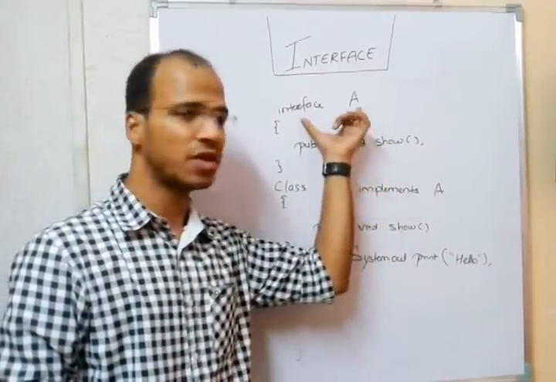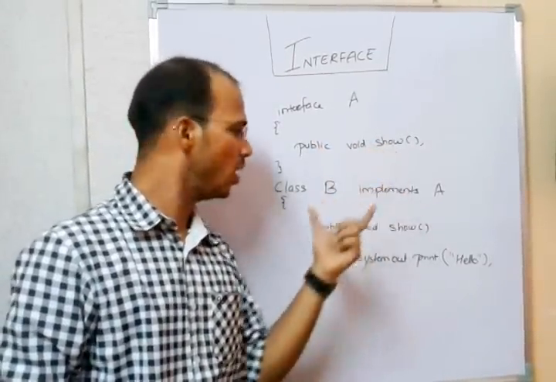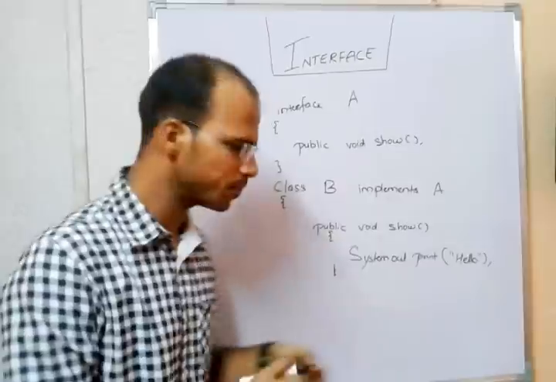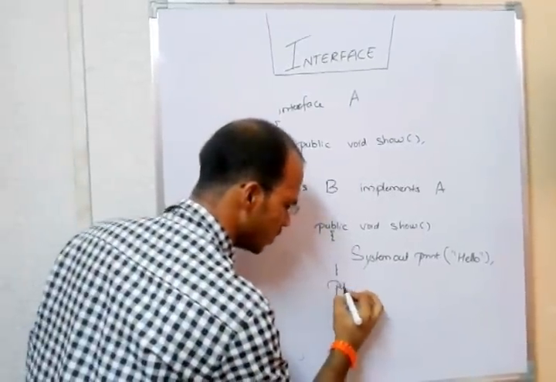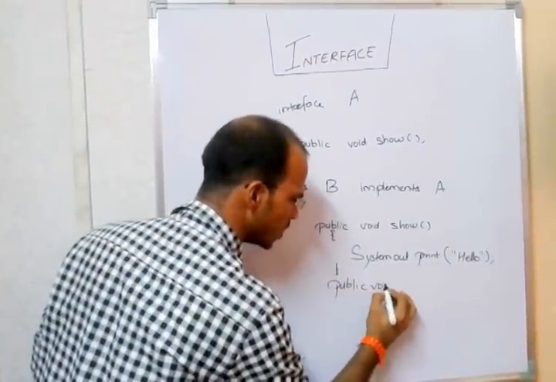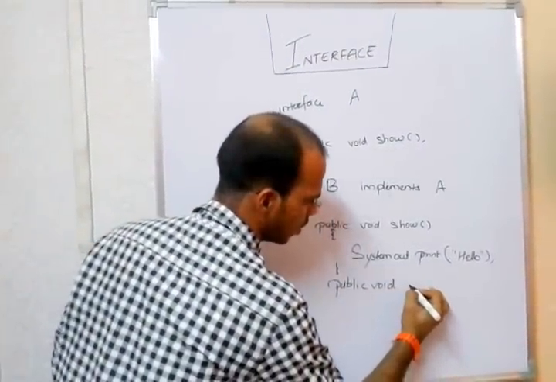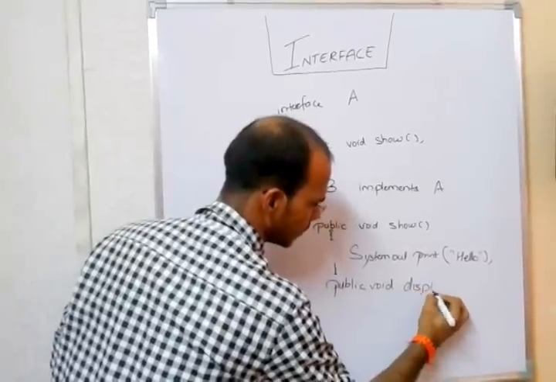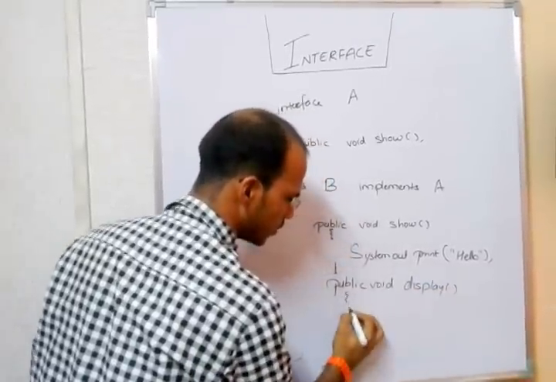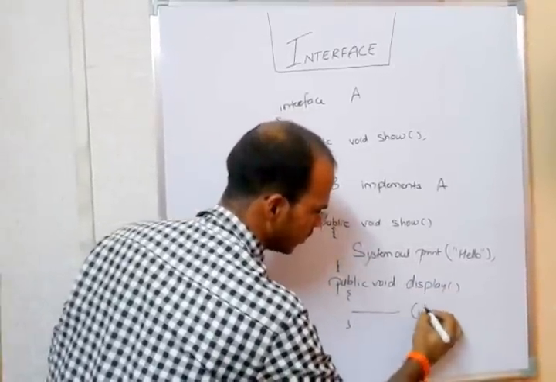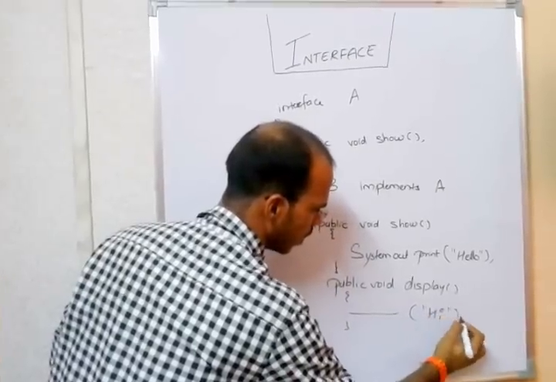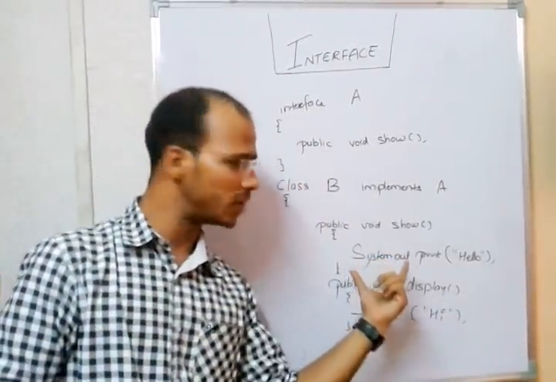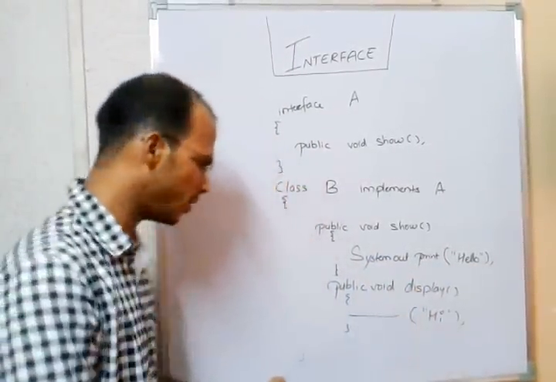You have an interface which is declaring a show method, and a class which is defining a show method. But let's imagine this class has a new method called void display, which prints hi. That means this method prints hello, and this method prints hi.